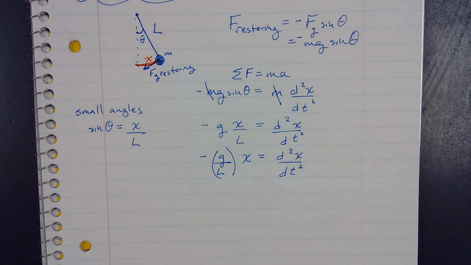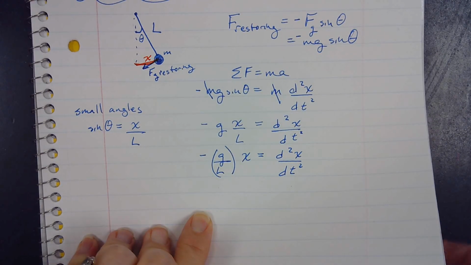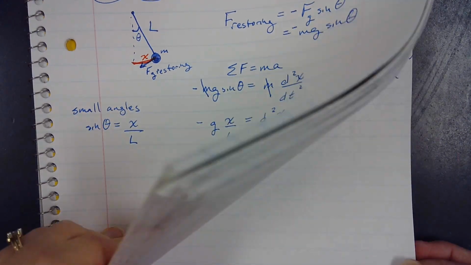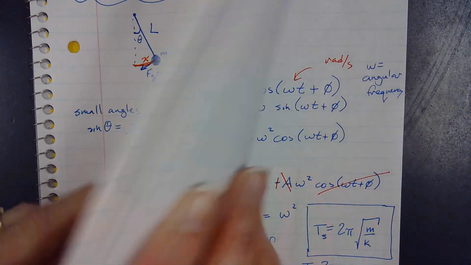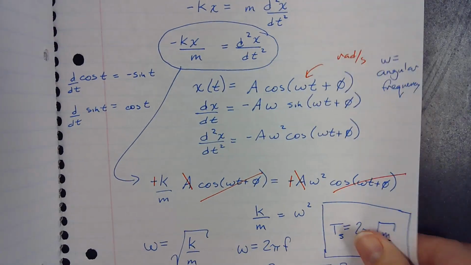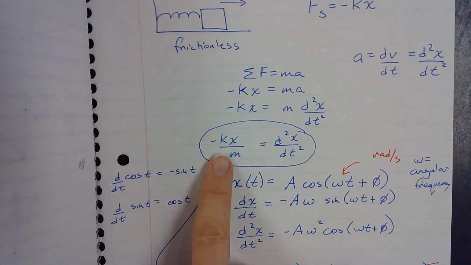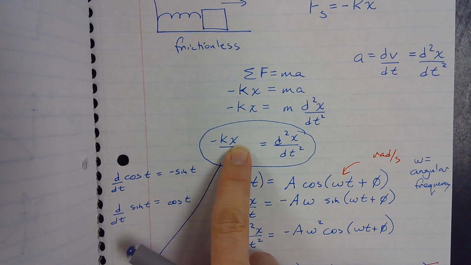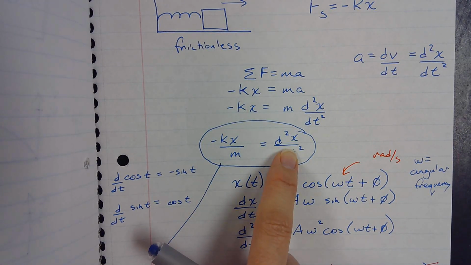So I see a couple of you still writing. This is the difference of doing it live versus when I do it in an empty classroom, because I'll just keep going, so then you have to pause the video. So if I flip back one page, there it is. Negative constant times x equals the second derivative of x.